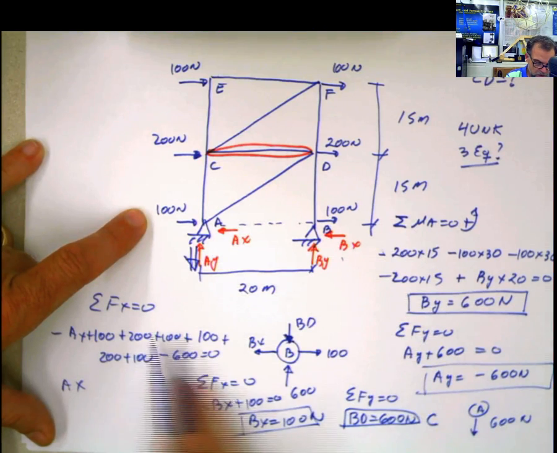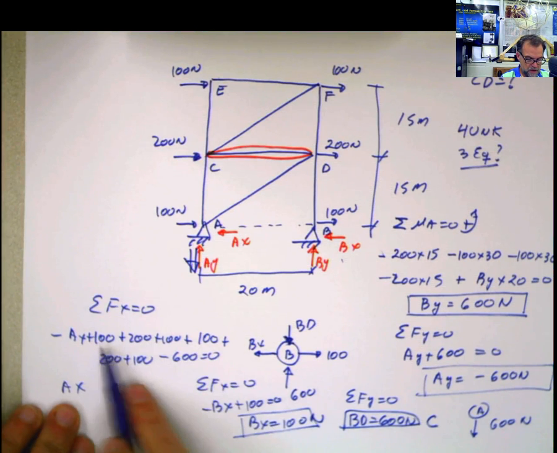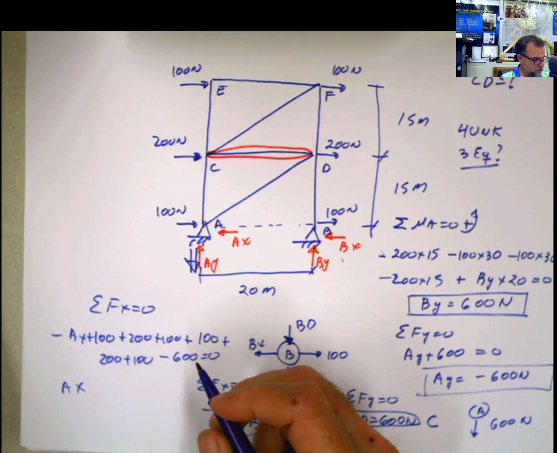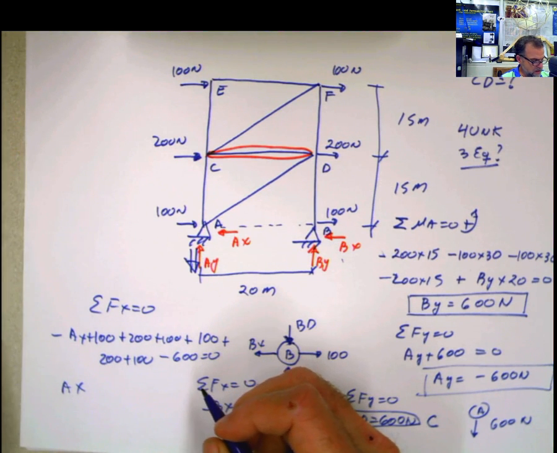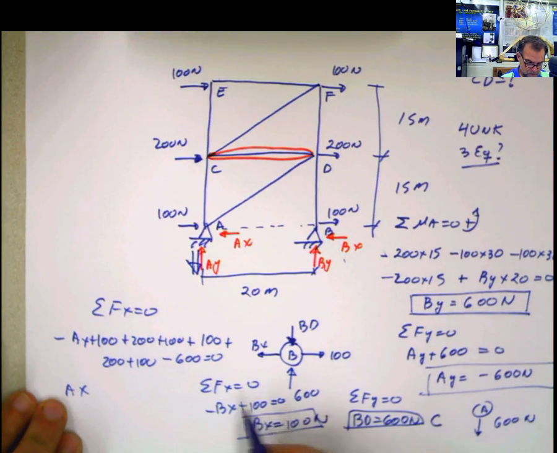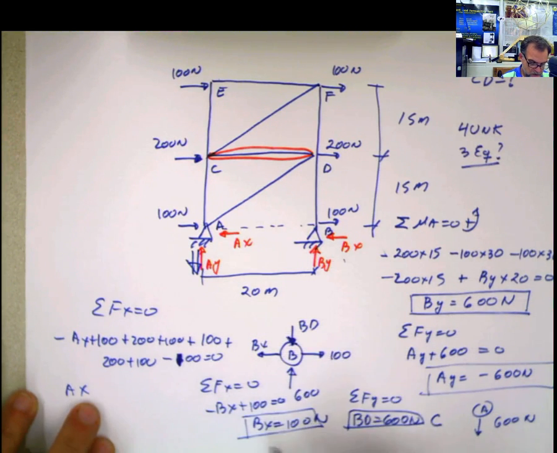This is 400 here, 200, 300, 400, 500, 700, 800 minus 600. That should be equal to 200, the value for that reaction. This is not 600, this is 100 here, 100.